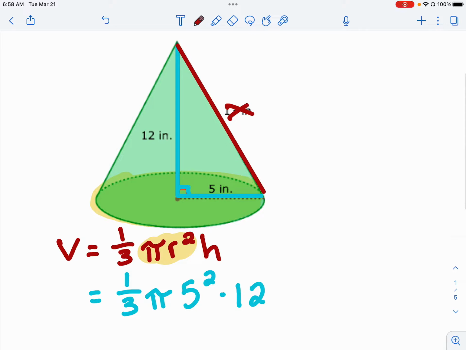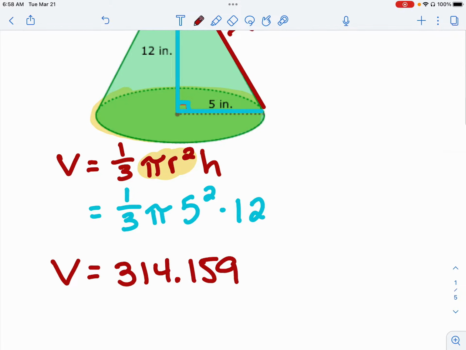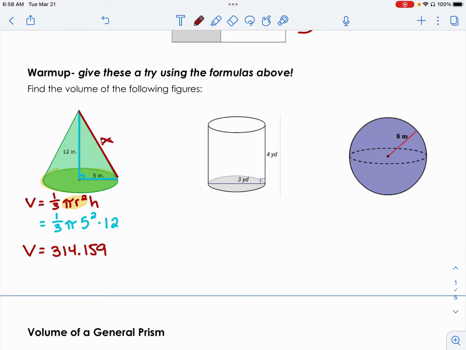It is not that hypotenuse there of 13 inches. So, once I go back in here and plug all of the appropriate numbers in, you end up with a volume of 314.159. So there was our cone one, pretty straightforward.